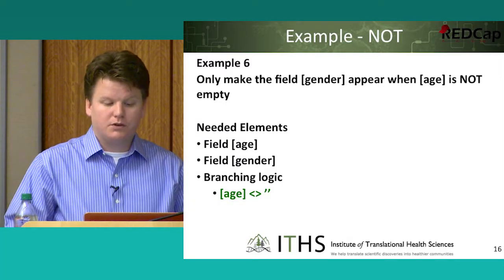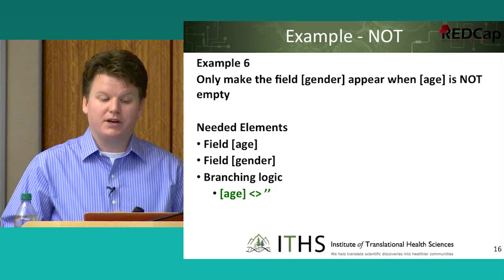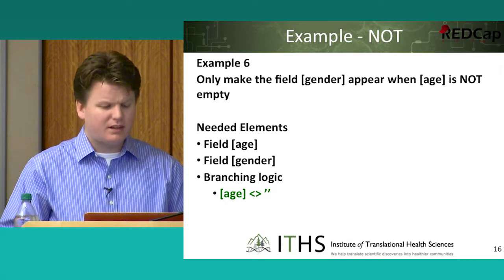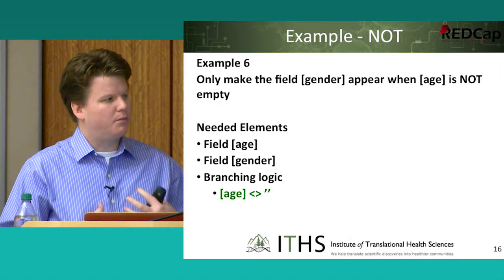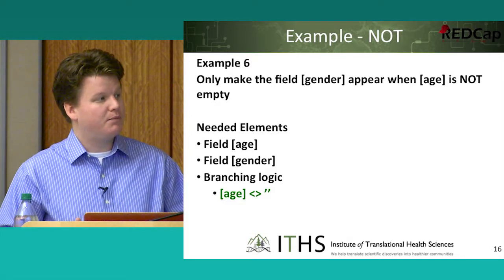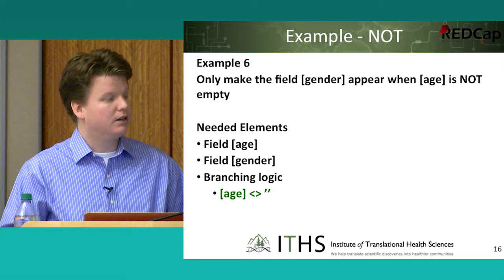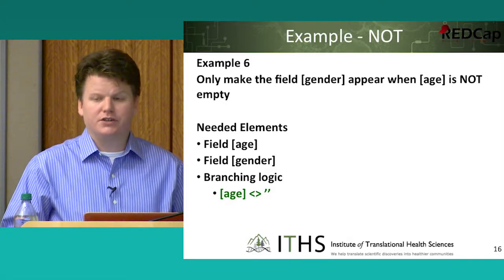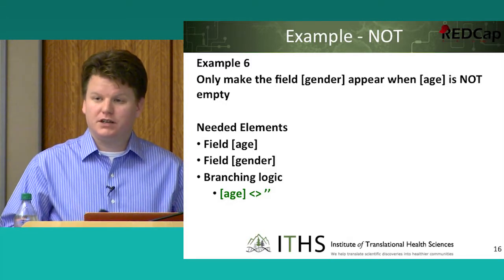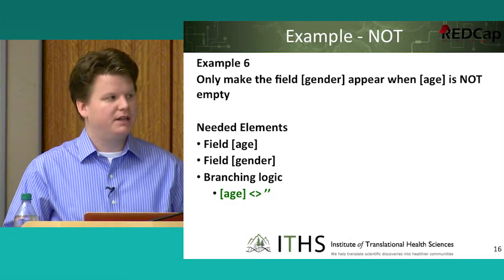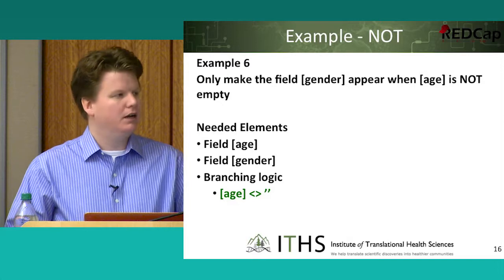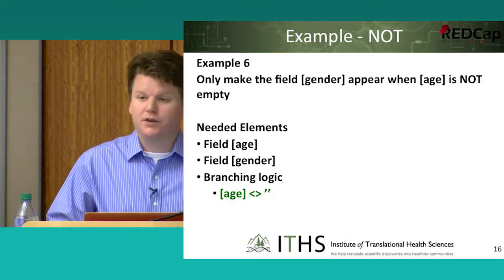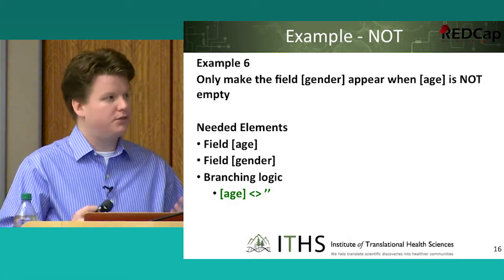You, for instance, only want to make the field gender appear when age is not empty. In this case, you need the field age, you need the field gender, and you put the branching logic age is not empty. Again, the two single quotes here for branching logic. So as long as somebody fills out something in the field age, the field gender will show up. It doesn't matter what, as long as it's valid for that field. I've used this a lot.